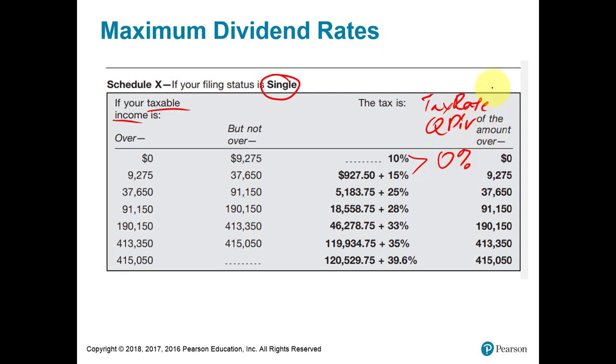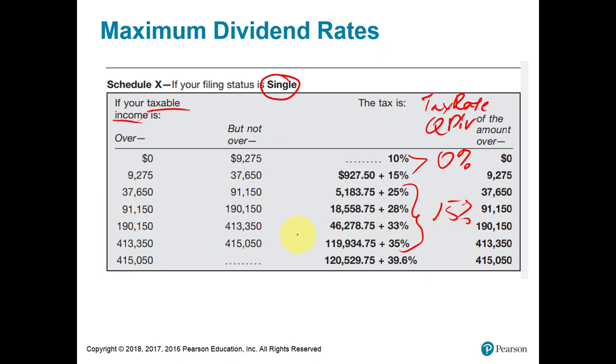You take out the qualified dividends from your taxable income, and whatever is left over, you tax at the regular rates. Okay. And then if your taxable income falls within this range, 25 to 35%, you take out the qualified dividends from your taxable income and you tax it at 15%.